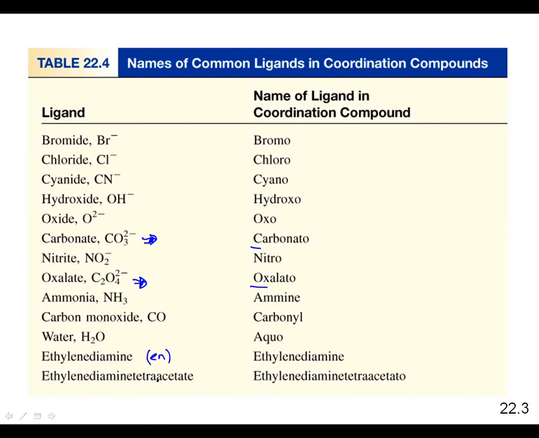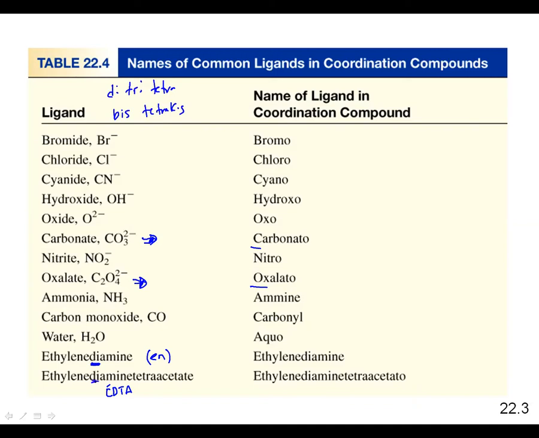Now, what I was talking about earlier in terms of those prefixes, like we use di, tri, tetra, unless we have a prefix in the name already, where we use bis or tetrakis, for example. Because of the name of this one, ethylenediamine has the di part in the actual name itself. If you had more than one of those, that's a case where you would default into bis, tris, or tetrakis.